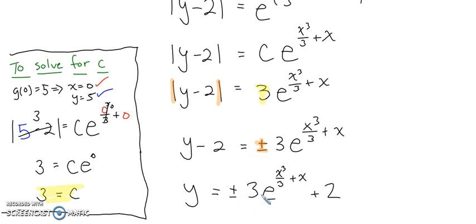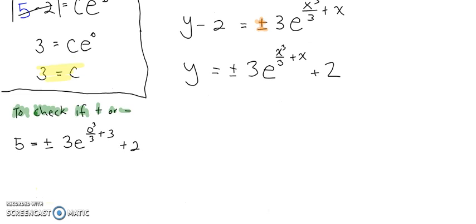We're going to use our initial condition to see whether this should be a plus or minus. So we have to put the 5 for y and the 0 for x. It's not really too bad. All we have to do is plug in your 5 for y and your 0 for x, or whatever your initial condition might be in your problem.